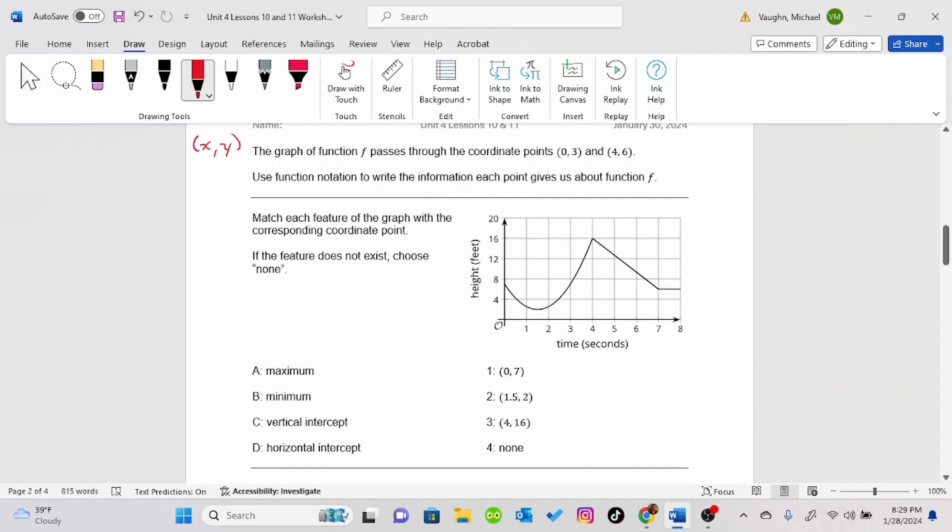And remember that when we write function notation, f of x equals y. So when we use function notation, we have f of 0 equals 3, and we have f of 4 equals 6. The x values go in parentheses, and the functions equal the y values.